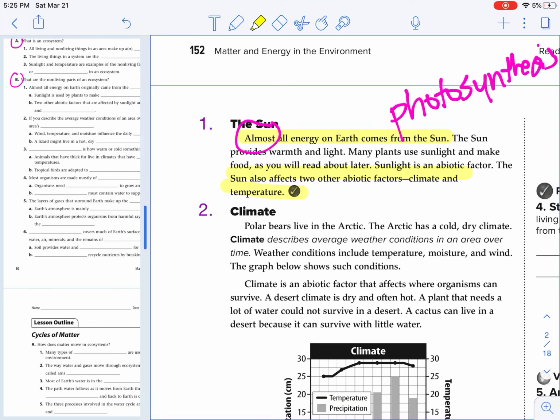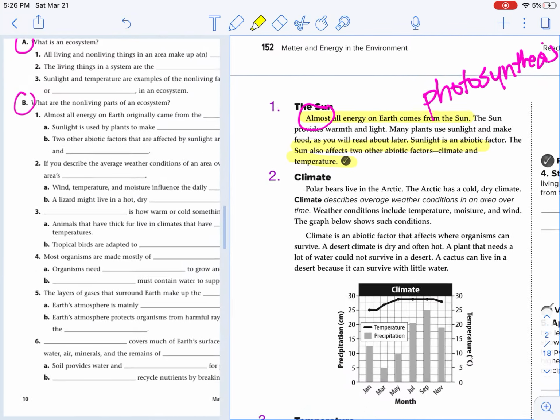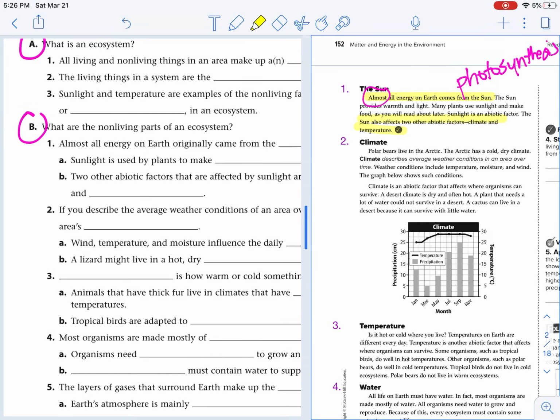So almost all of the energy on Earth comes from the sun, and the plants are going to use that sun through a process of photosynthesis to make food. We need that food to be able to eat. The sun also affects the climate and the temperature. So you are going to find that right here. Here is our number one.